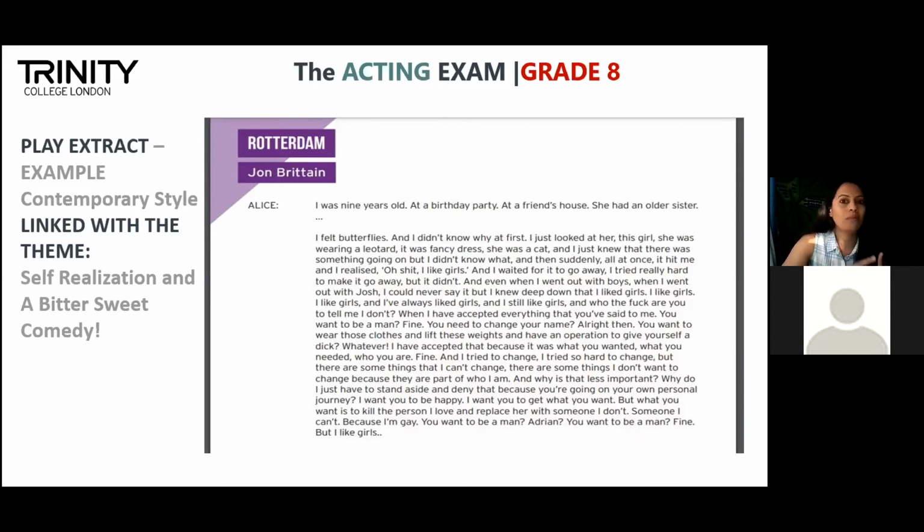So it becomes a very bittersweet comedy. While it is self-realization, it becomes a bittersweet comedy. Now, the crux here is the link was the theme of realization, and the first two pieces were tragedy. And the third piece that I chose was realization along with a bittersweet comedy.